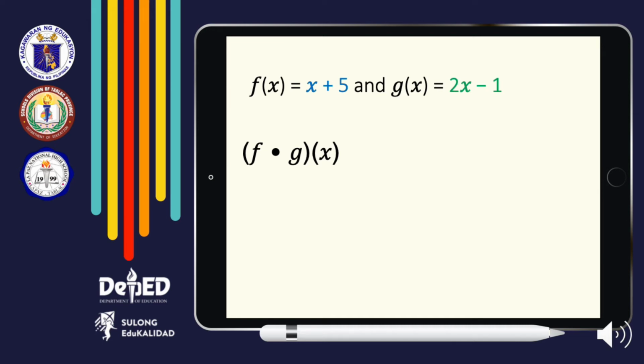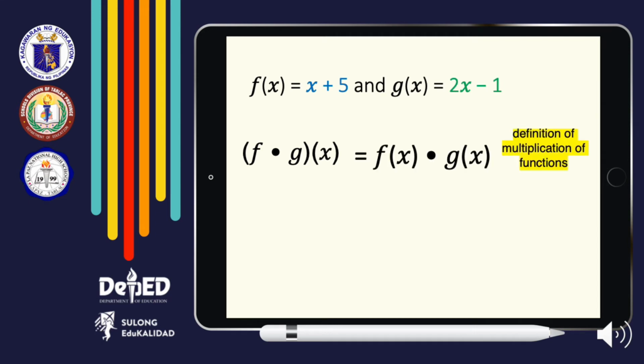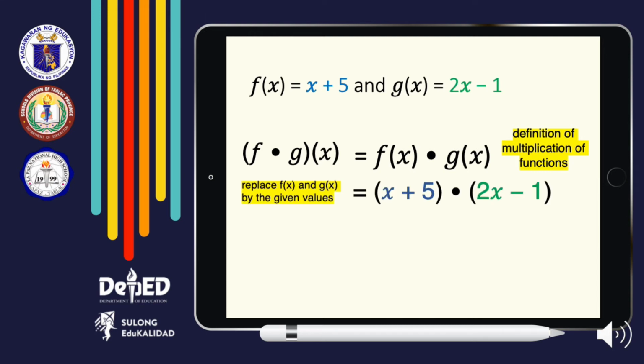So we have (f · g)(x), and by applying the definition of multiplication of functions, we will have f(x) times g(x). So our next step is replace f(x) and g(x). So what is our f(x)? We have x + 5 times, what is our g(x)? 2x - 1.